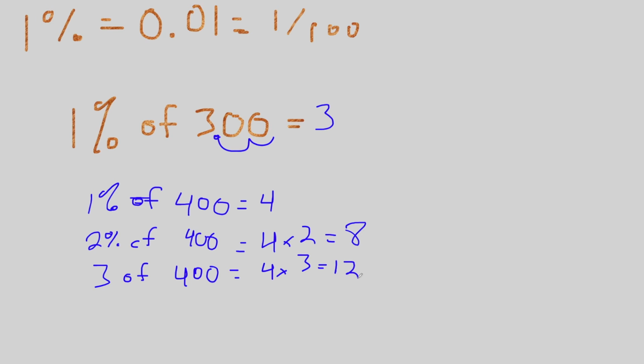And so on, and so on. And if I wanted to do 17% of 400, same thing: I take that 4, I multiply it by 17, and that is going to give me 68.